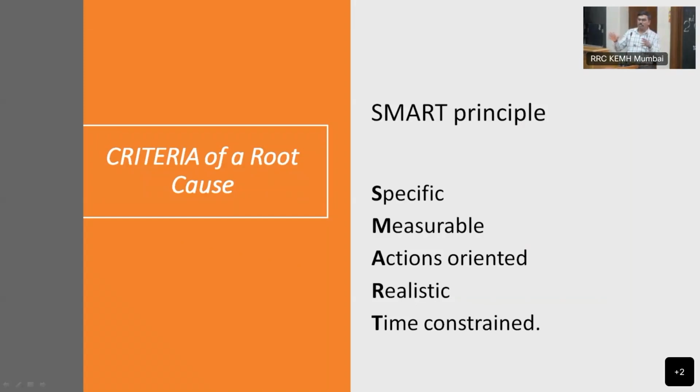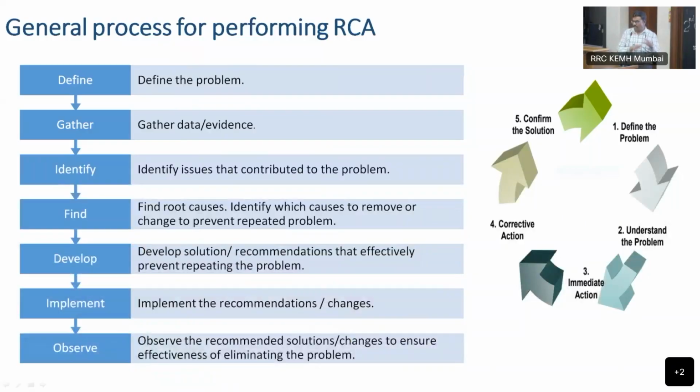Without any knowledge or without anything, immediately expect कर रहे कि improvement होगा. That is not correct, na? Okay. It should be realistic one. It should be feasible and time constraint. We should know at how much time it will require to review its effective implementation and all. Correct? So this is how to go to the RCA.